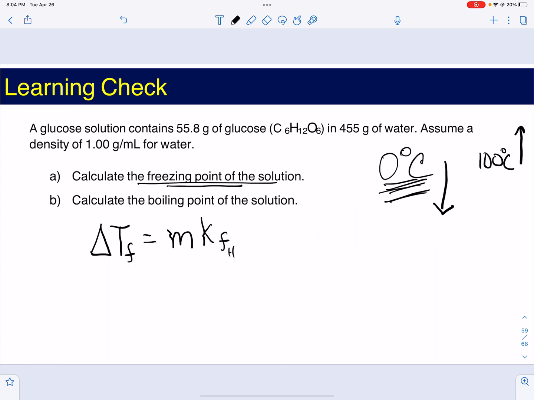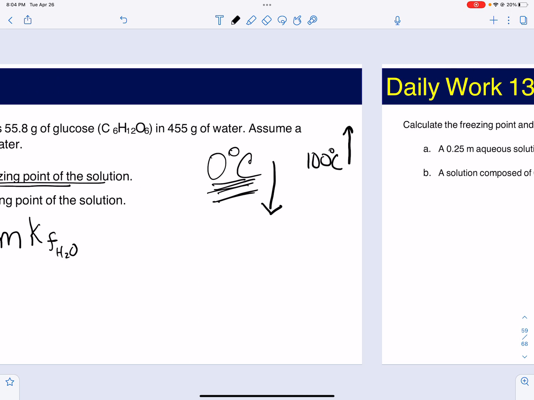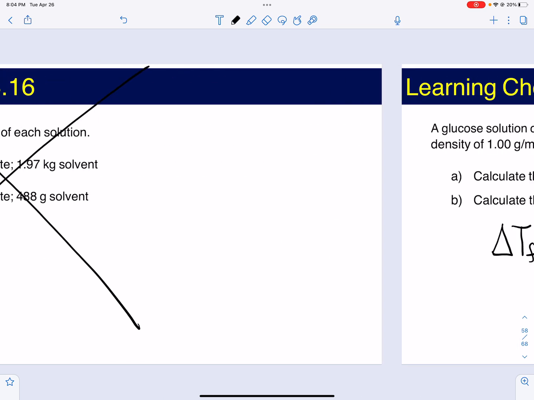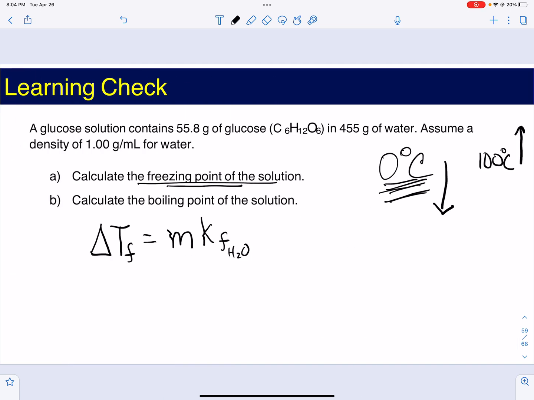In this particular case, the solvent is water. So we're going to have to see the value for water, which I don't have here. So let me find it on the internet real quick. I forgot to put it on my notes.